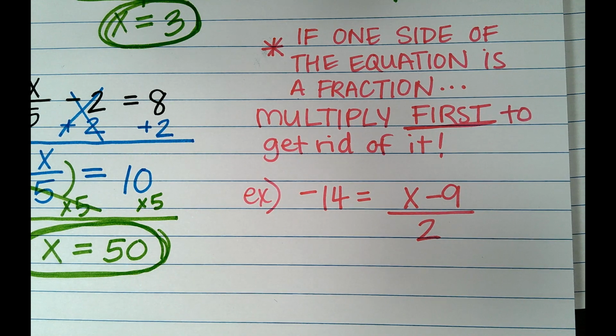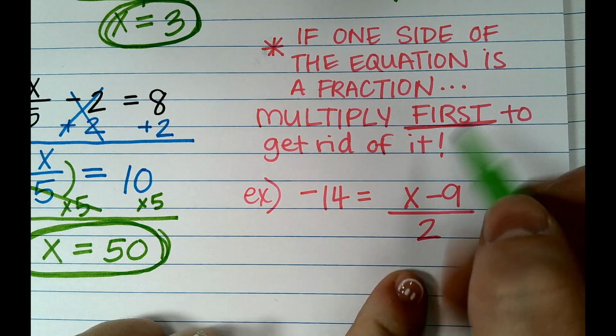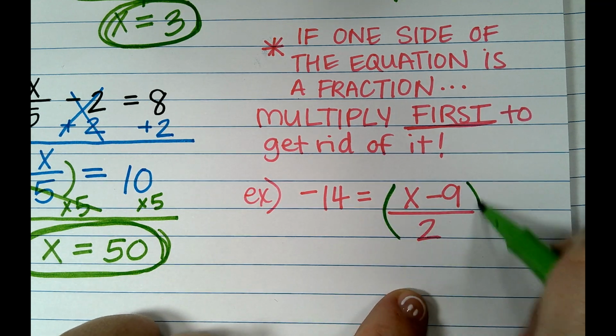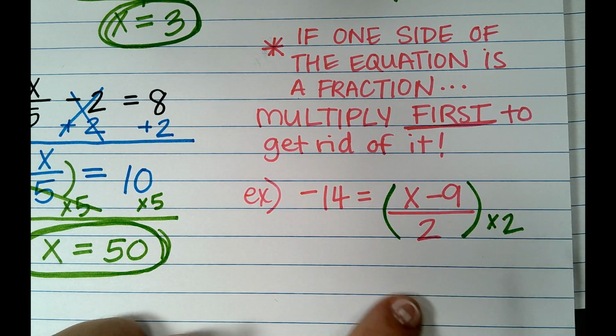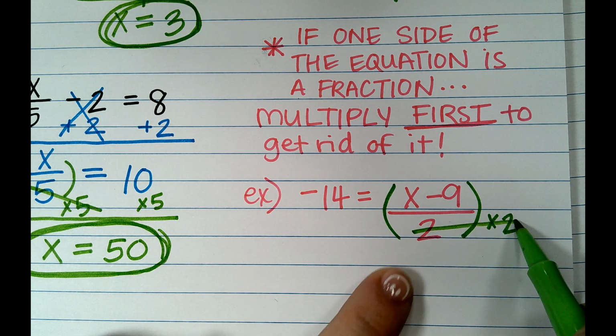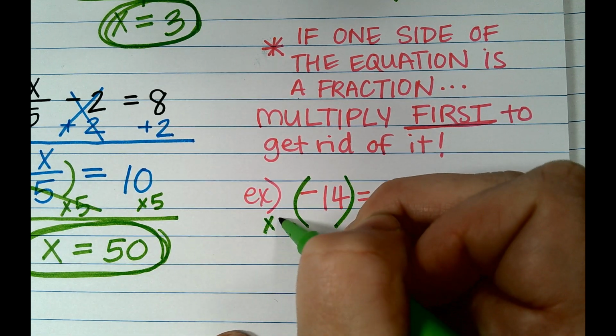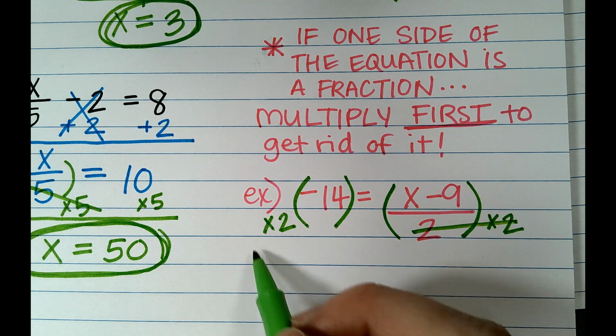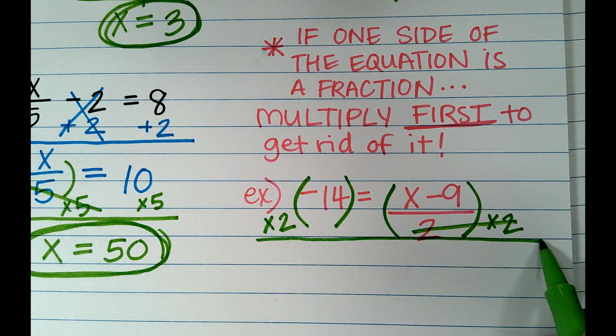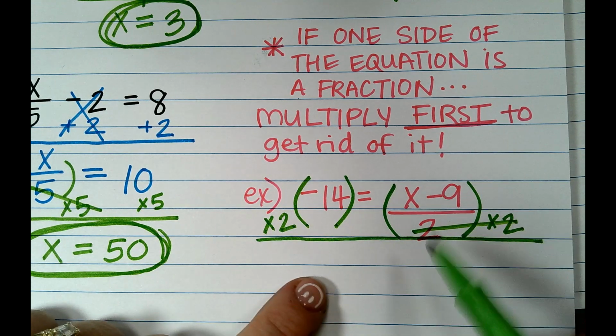So I'm going to write the example on our notes here. What did I do first, Ayana? You said multiply by 2. Yes. So we'll do that times 2. Cancel out the fraction. Both sides times 2. Okay. And I'll bring everything down.